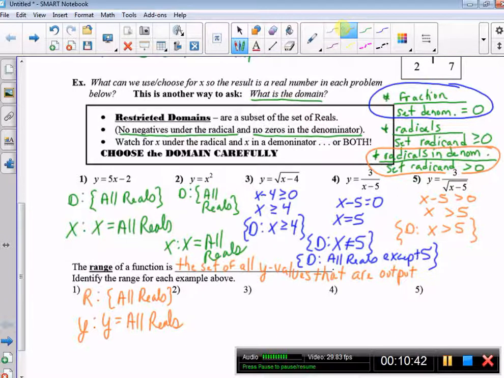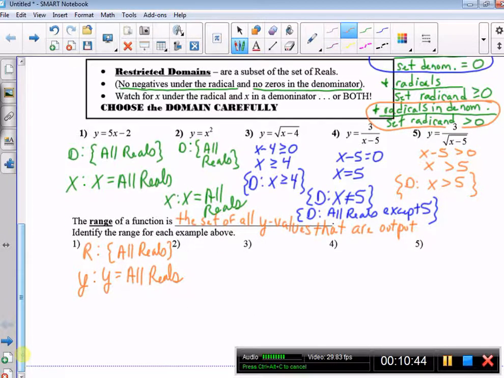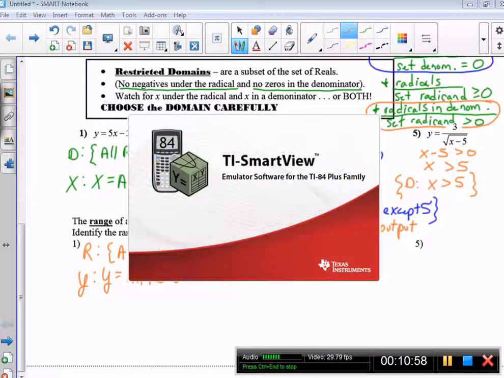I need to have a graph to figure out this range. So y equals x squared. If we open up our calculator, give me a second to do that.